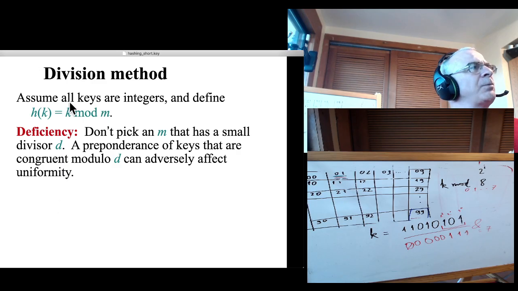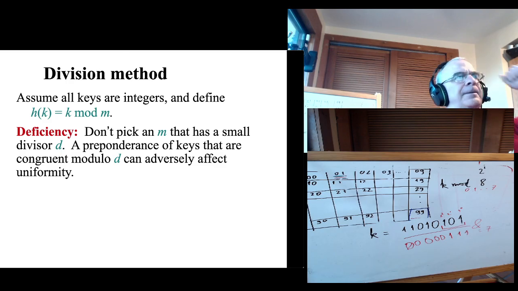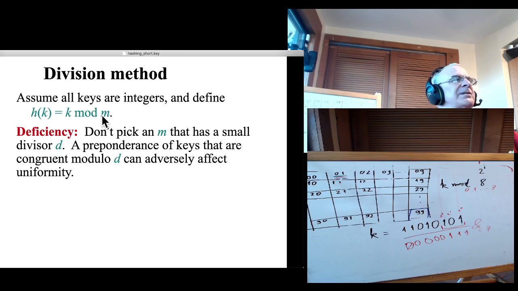So let's think a bit more about this operation. Assuming that all the keys are integers and you still like the mod operation because it usually works well, then as we said, at least don't pick m to be a small divisor of some number d. It is hopeful if you pick m such that it is not a power of 2 or a power of 10.